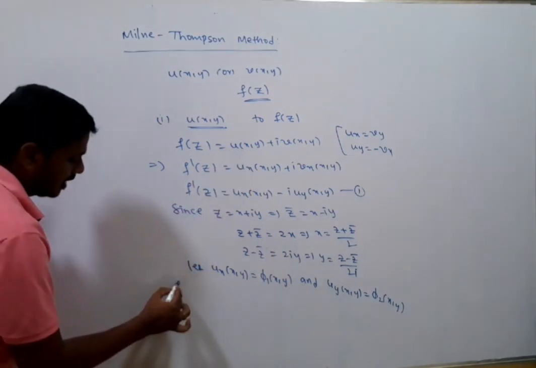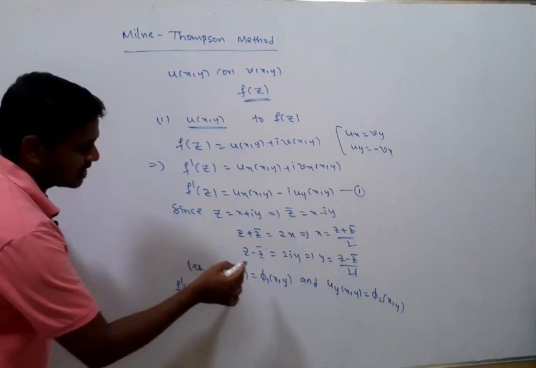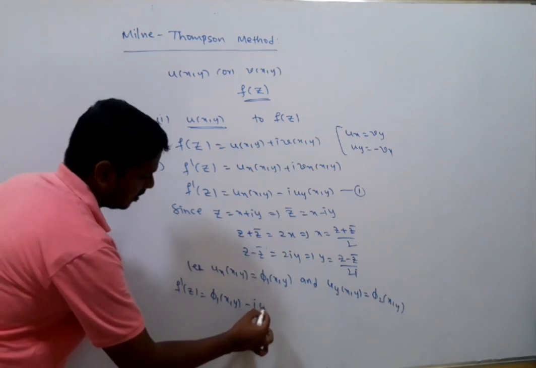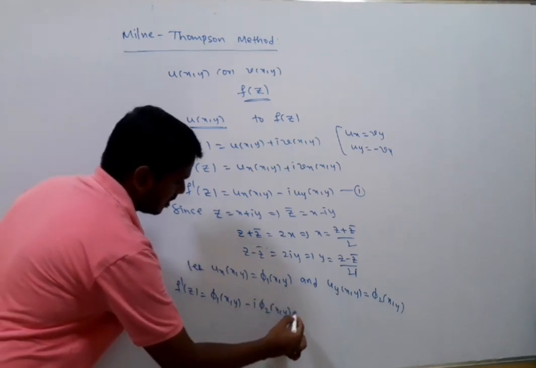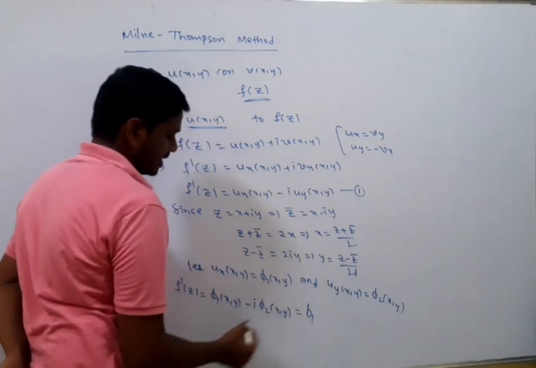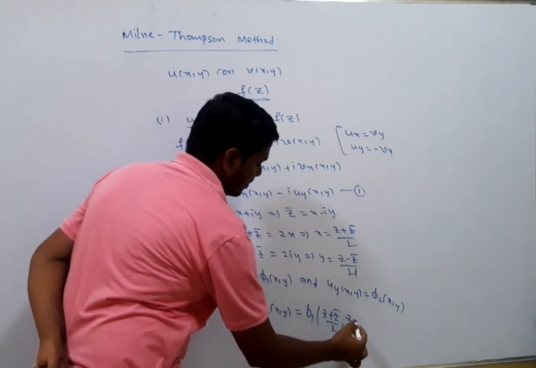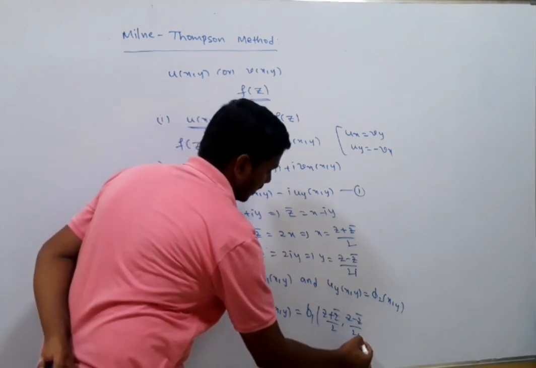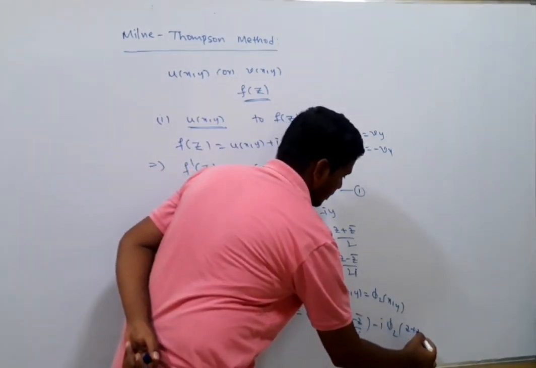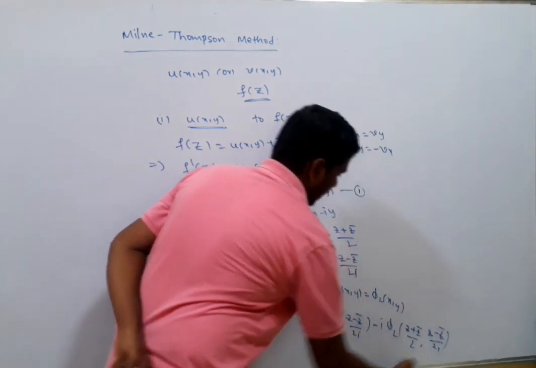From this equation, what I am writing, f dash of z is equal to phi 1 of x comma y minus i into phi 2 of x comma y. This is the same as phi 1 of x replaced by z plus z bar by 2, y replaced by z minus z bar divided by 2i, minus i into phi 2 of the same z plus z bar by 2, z minus z bar divided by 2i.